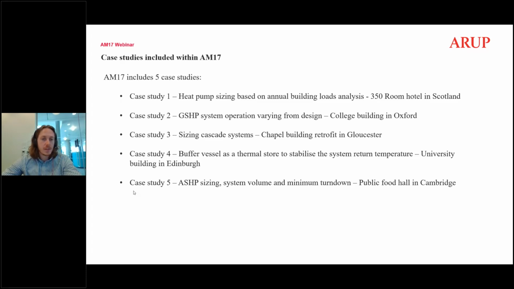Case study 3 is sizing of a cascade system on a building retrofit, and that's a historic building as well. Case study number 4 looks at buffer vessels as a thermal store. And case study number 5 is heat pump sizing based on system volume and minimum turn down. So there's a full spread of different case studies in the document.